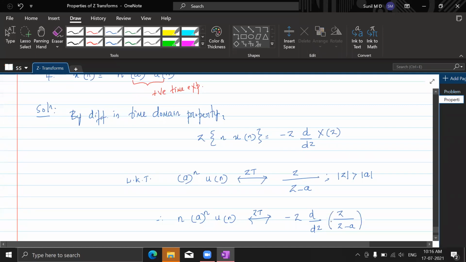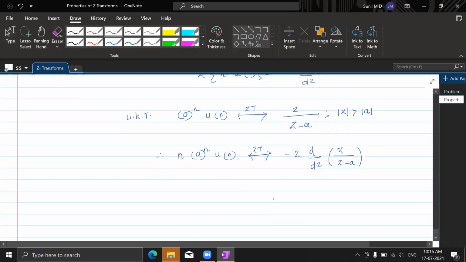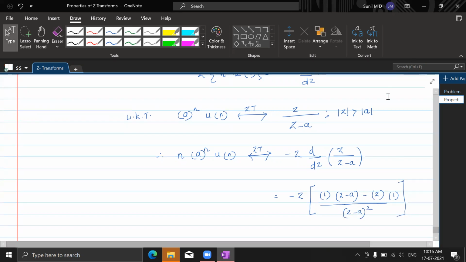This we need to do. Understand? So if you differentiate this, what is going to happen? So it is minus z. Okay. Let's differentiate now. Differentiation of z and keep z minus a as it is. Keep z as it is and differentiate z minus a with respect to z. That would be 1. Fine. And in the denominator, you have z minus a whole square.